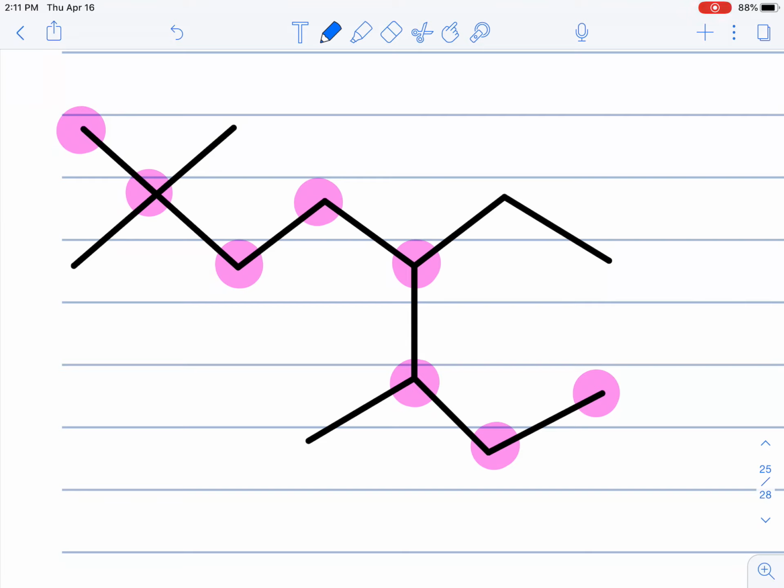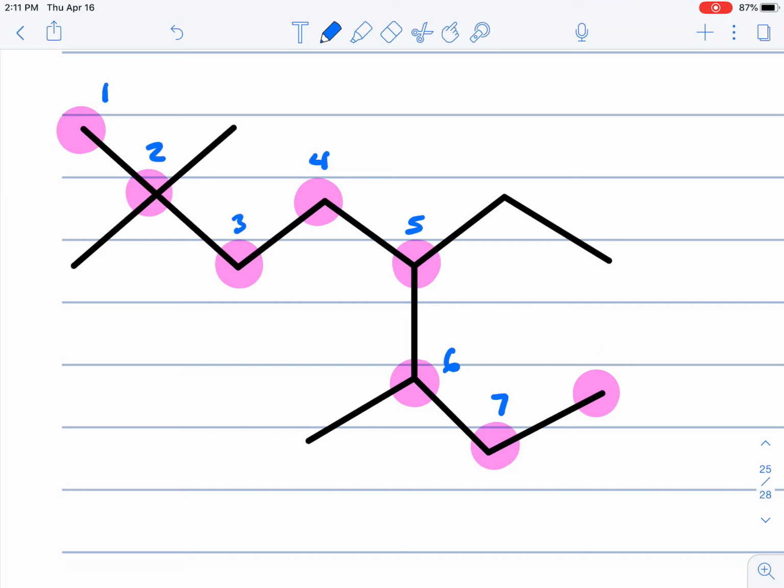I'm just going to go from left to right. If I go from left to right, what would the number system look like versus right to left? So 1, 2, and notice that I'm following my pink dots, right? You want to follow the pink dots because everything that does not have a pink dot is going to be a substituent. So 1, 2, 3, 4, 5, 6, 7, and 8.